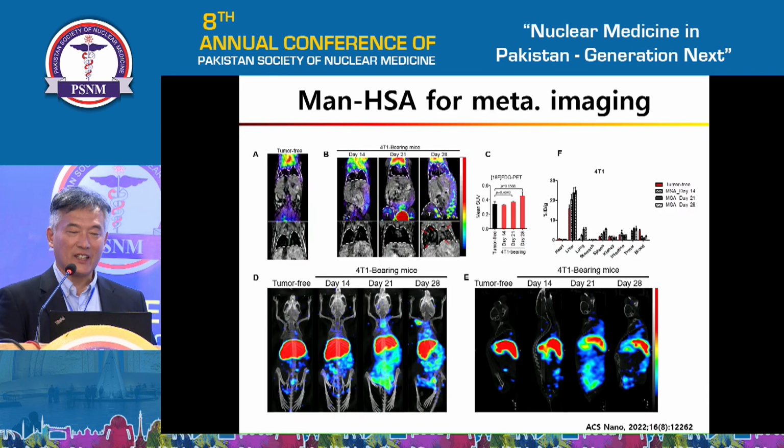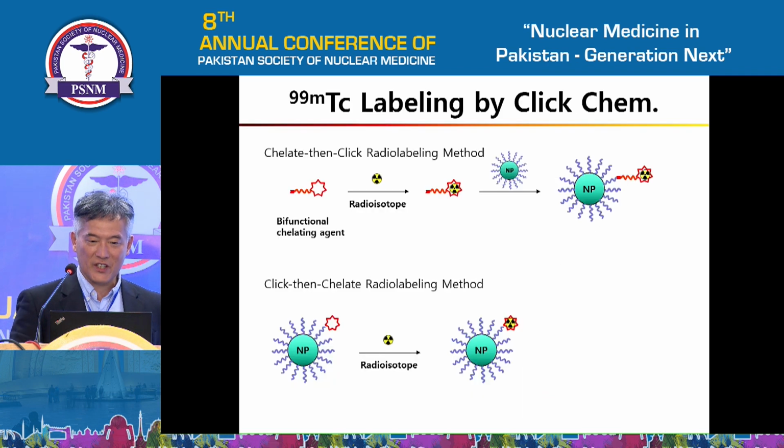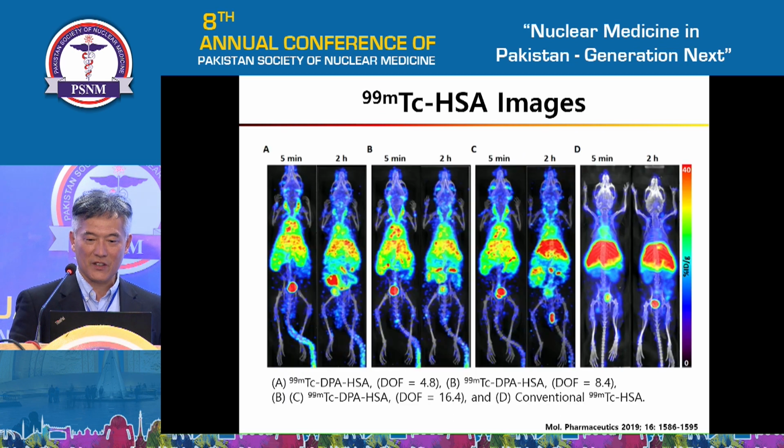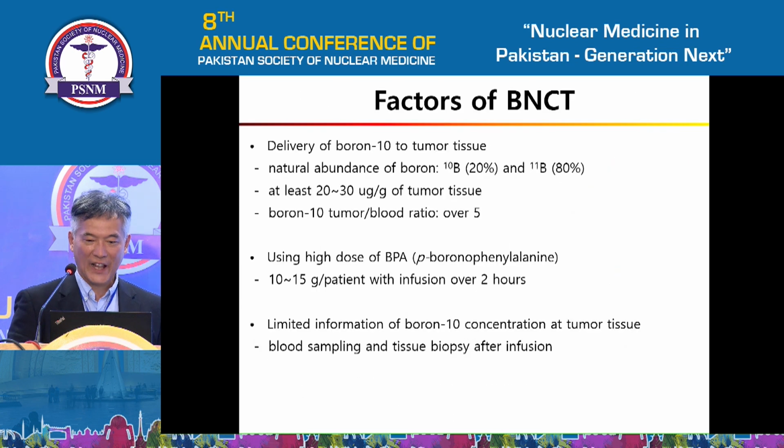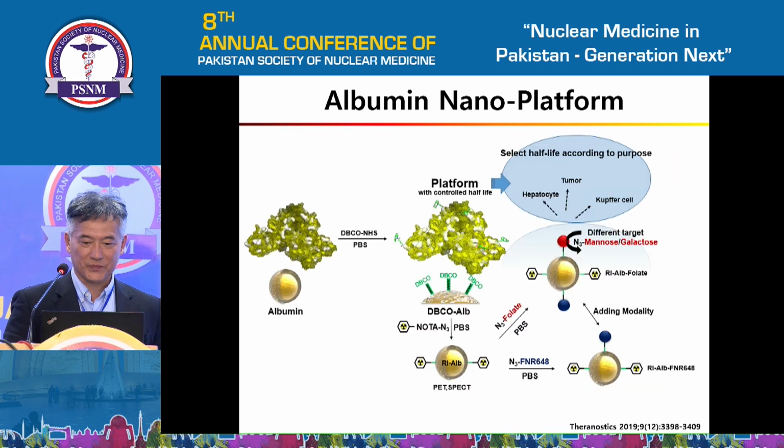We applied this to metastasis imaging, and also to the technetium radiolabeling method. The day before yesterday, we discussed boron neutron capture therapy, and the albumin nanoplatform can be applied for BNCT also.